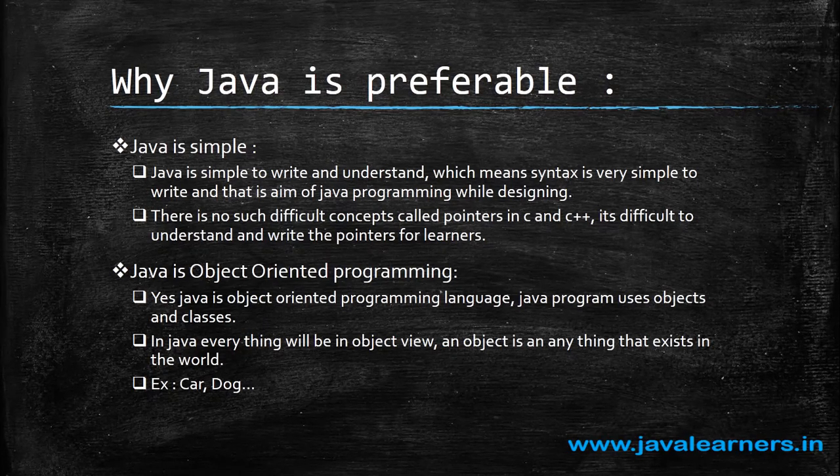The first point in that list is that Java is simple. How can you say Java is simple? Java is simple to write and understand, which means the syntax is very simple to write, and that was the aim of Java programming while designing.